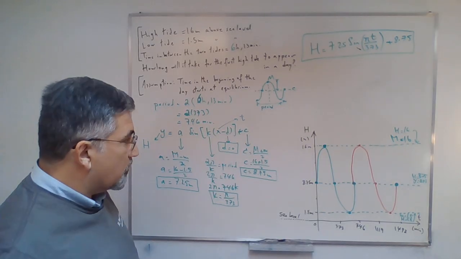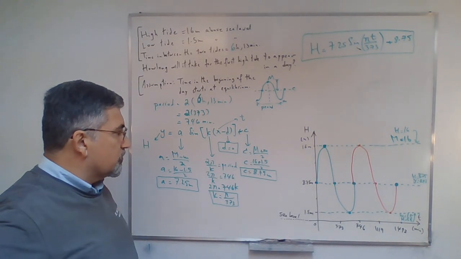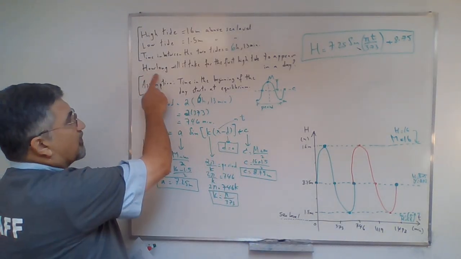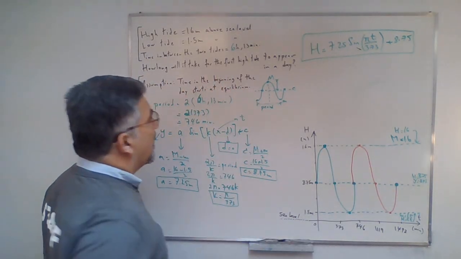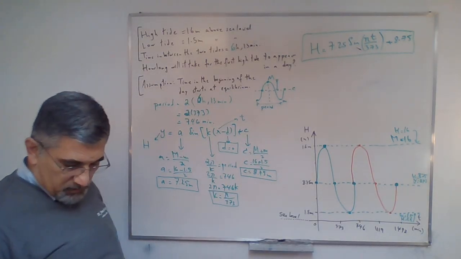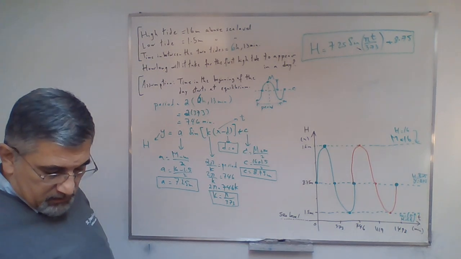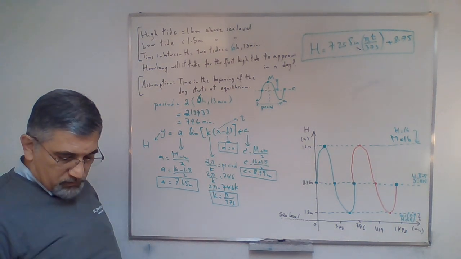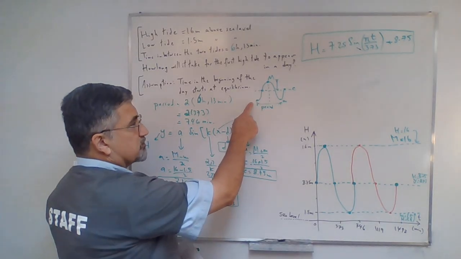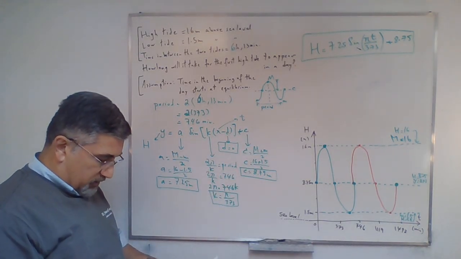Okay, so now we are going to find how long it will take for the first high tide to appear in a day. That's what we need to find out. Okay, so how can we do that? From the lowest point to the highest point, we know how long it takes.